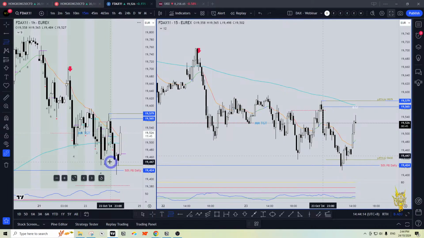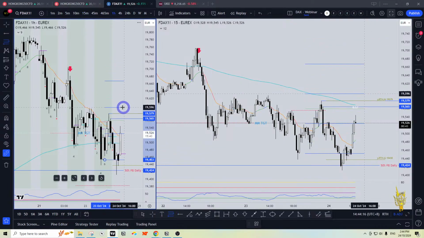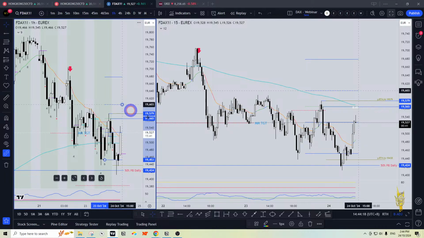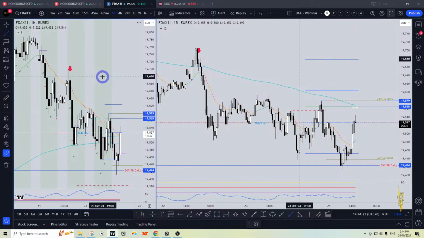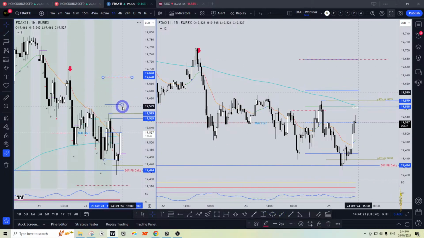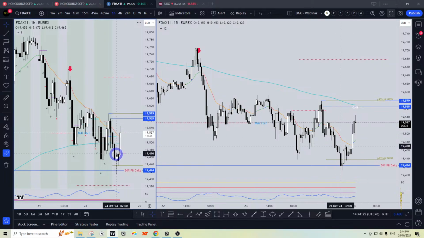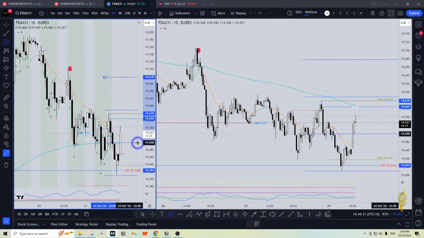So let's get some broader targets. Well, if this is a spike, that's the last bear spike. If that fails and goes up, then that will be the target up here. But I think it would be better to break the high, come back, and have a shot at that.